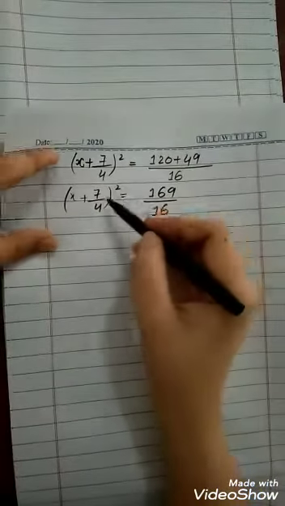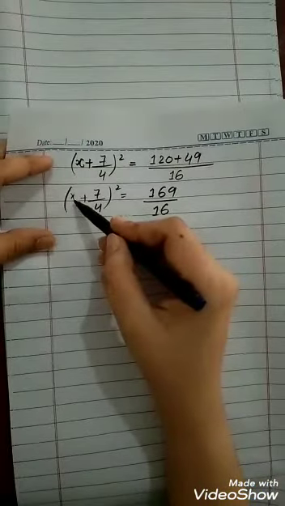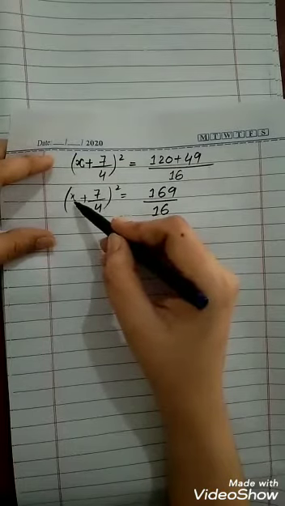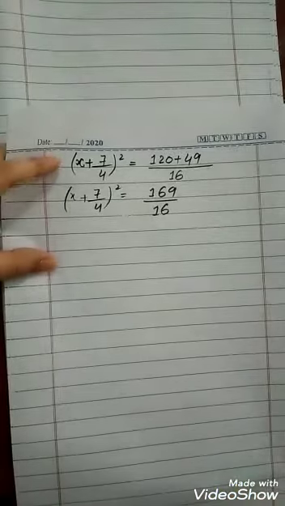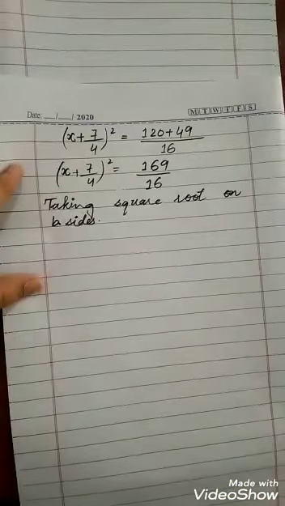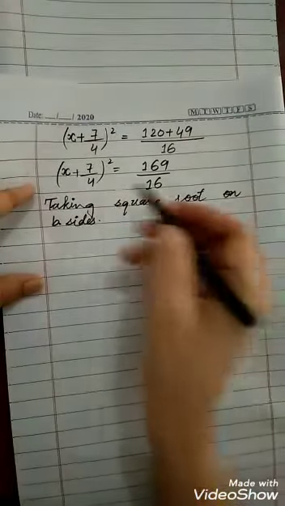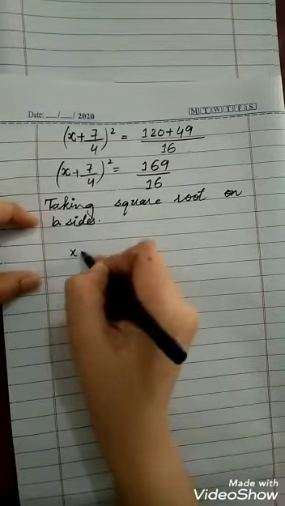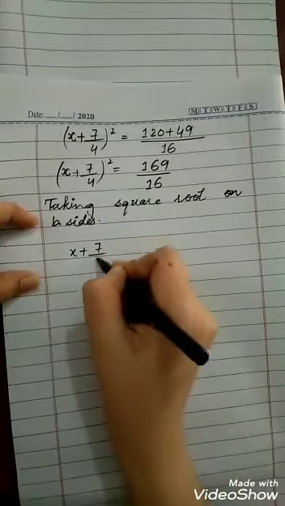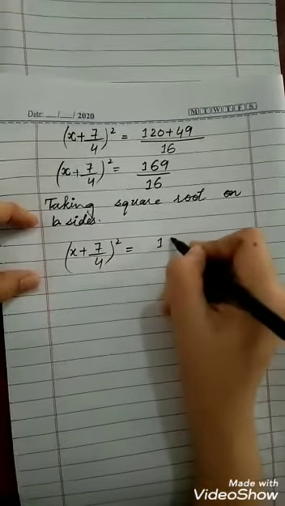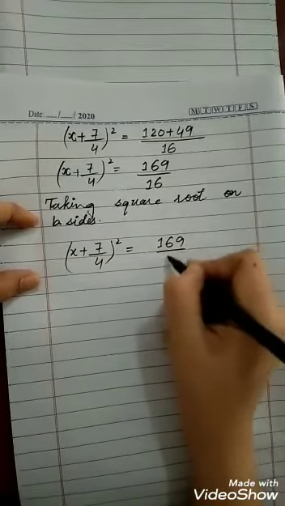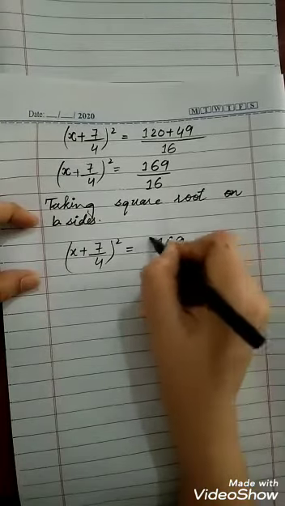Simplified means solved. Now we have to find the x value. So what to do? We will remove the square by taking the square root on both sides. Taking the square root on both sides, x plus 7 by 4 whole square is equal to 169 by 16.